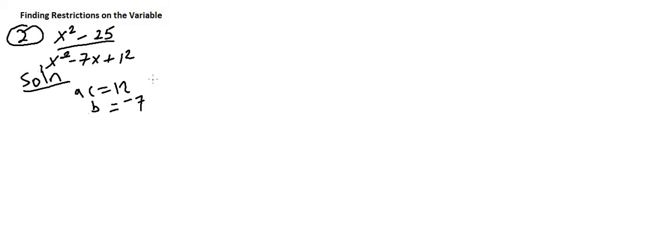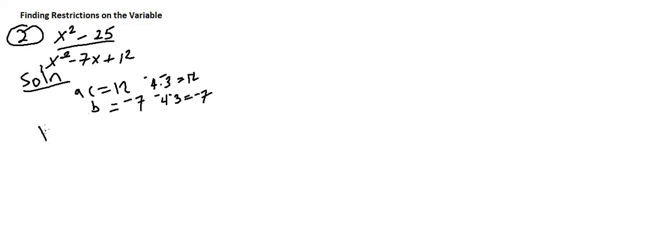When we multiply those two numbers, we get 12, and when we add those two numbers, we get negative 7. So negative 4 times negative 3 is 12, and negative 4 minus 3 is negative 7. So those two numbers are negative 4 and negative 3.